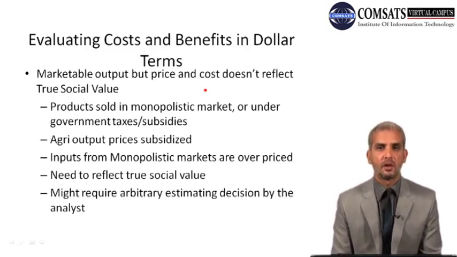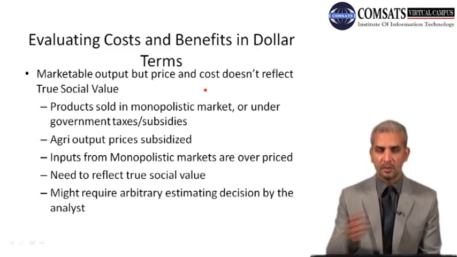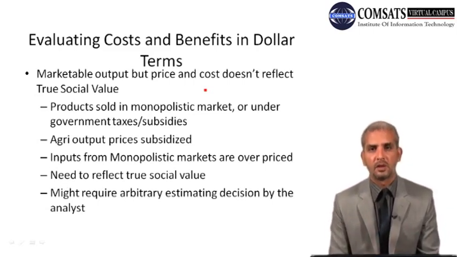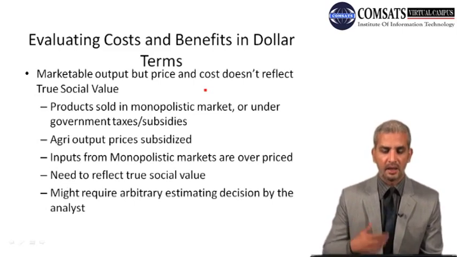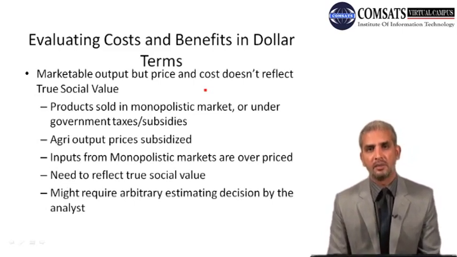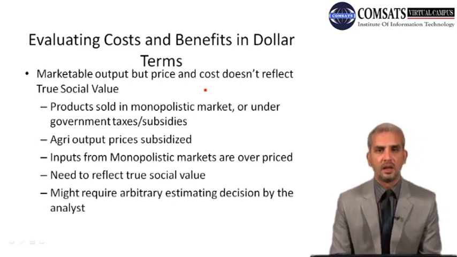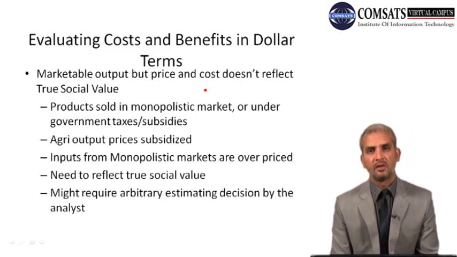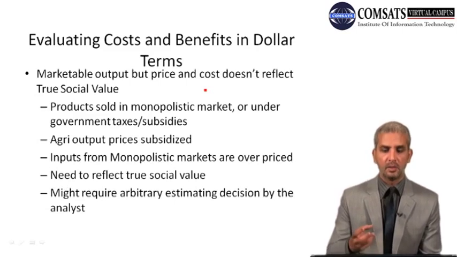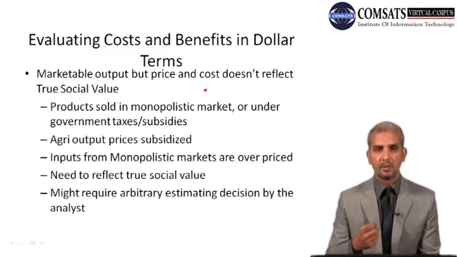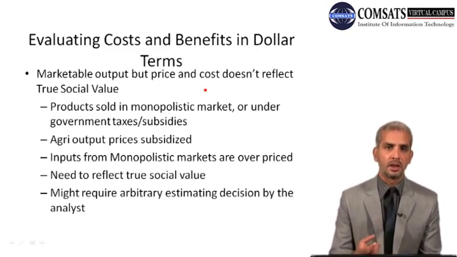In a monopolistic market, the prices of the inputs acquired from that market structure would be higher than what they should have been under competition. And if government taxes and subsidies are distorting the efficient level of prices, then that again needs to be incorporated, because the product is marketable and being sold in the market.